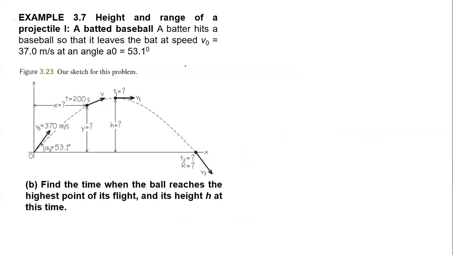Now, find the time when the ball reaches the highest point of its flight and its height h at this time. So you need to find first the time when the ball reaches the highest point of its flight before you can calculate the height. However, in the motion with constant acceleration in free fall, there are four equations.